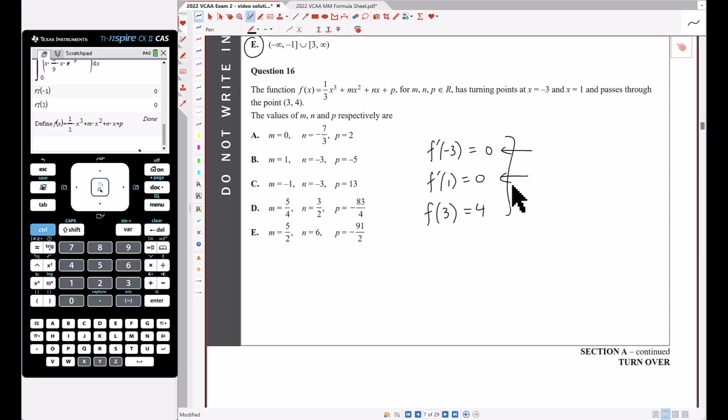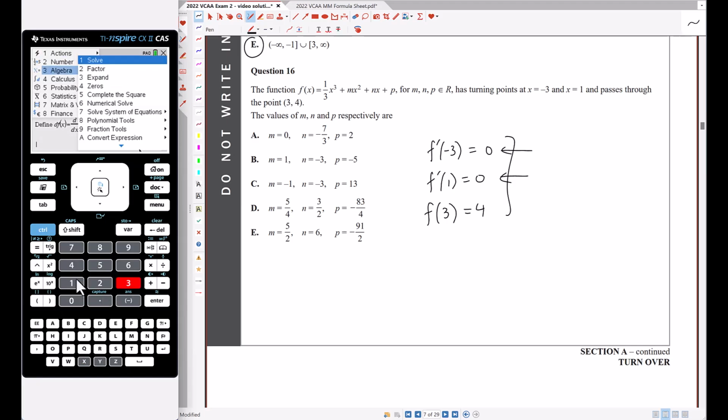So it's going to be best if I define another function which is my derivative. So menu 1,1, I'm going to define df as the derivative of f. I'm literally just going to, not antiderivative, I'm literally just going to define that as the derivative of f of x. And that's just going to make it much easier for me to put those substitutions into the derivative.